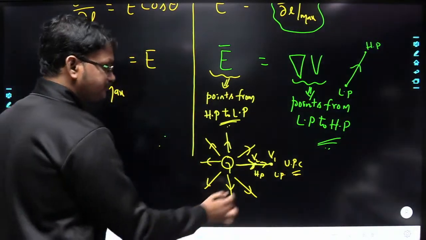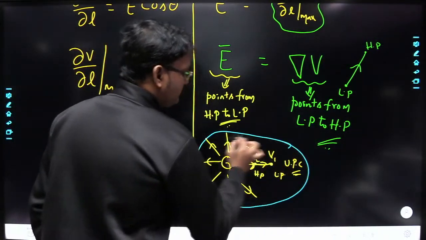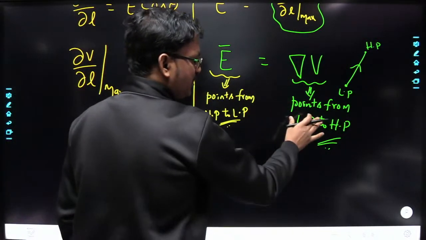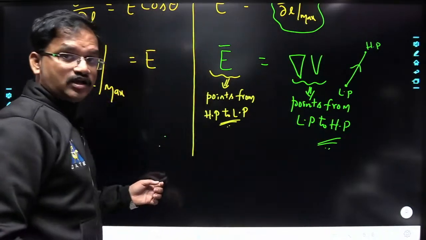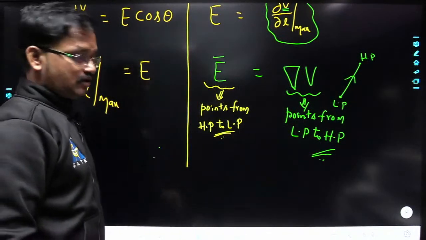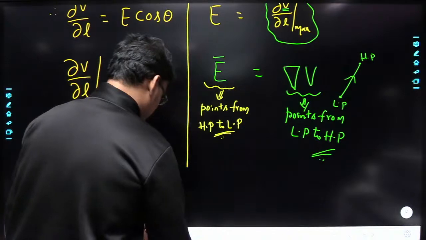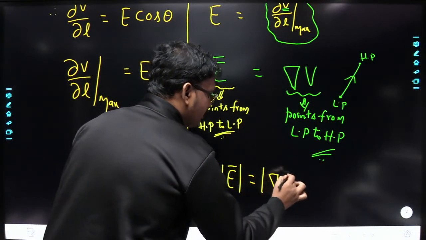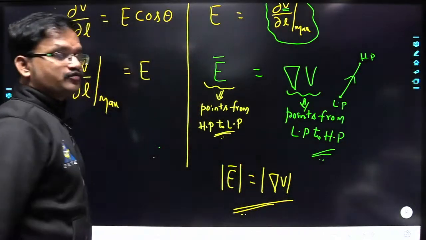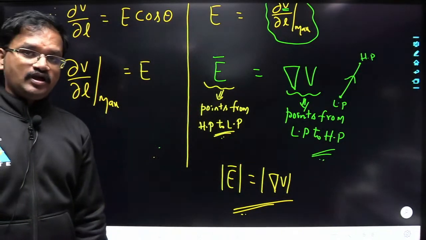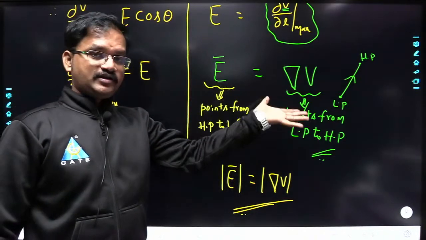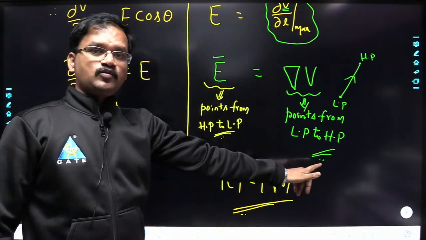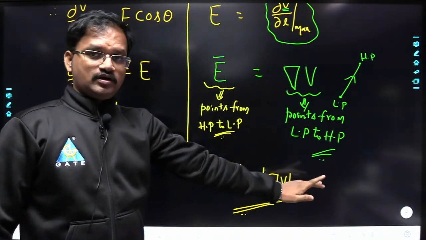Understood? Okay. So the electric field will point from higher to lower potential, whereas gradient of V is pointing from lower to higher potential. Magnitude wise, the electric field is the same as gradient of V, but whenever you write in terms of vectors, the direction of electric field is exactly opposite to gradient of V. Yes or no here?